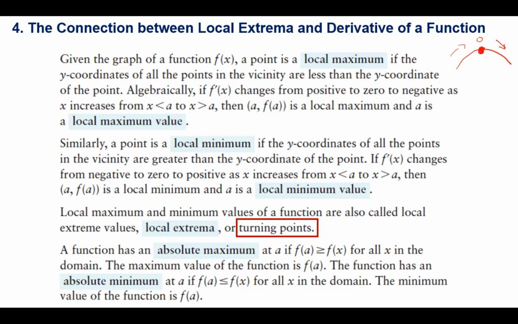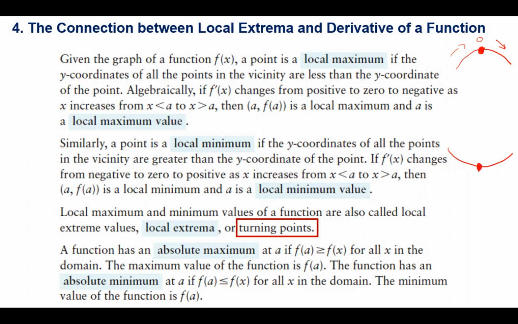Similarly, a point is a local minimum if the y coordinates of all the points in the vicinity are greater than the y coordinate of the point. Basically, if you have a shape like this, then this point is called a local minimum, right?